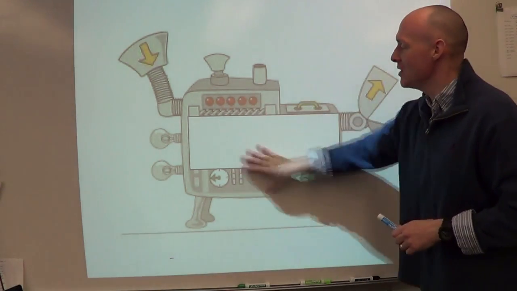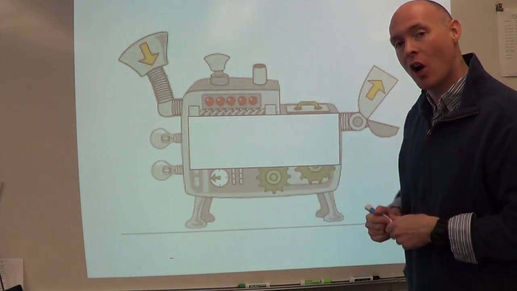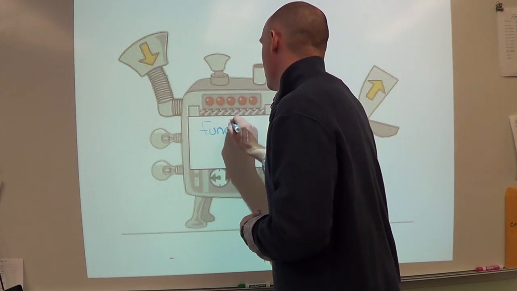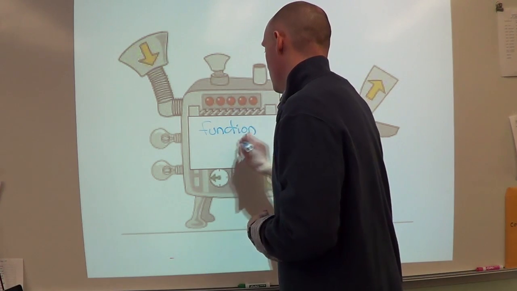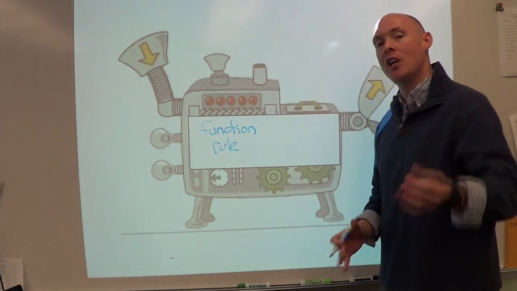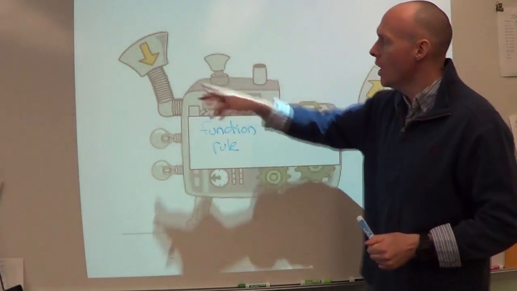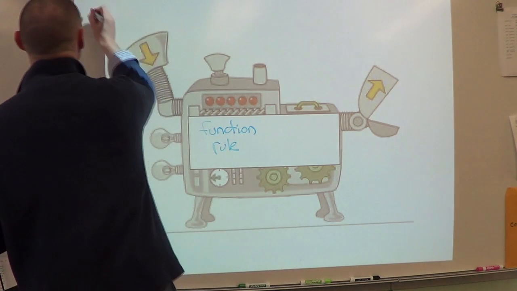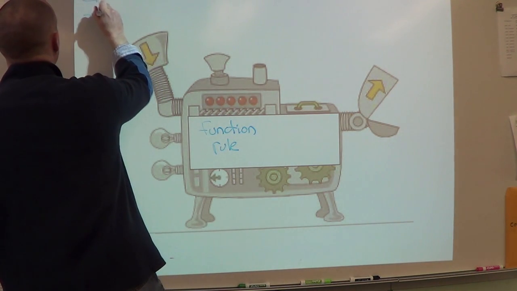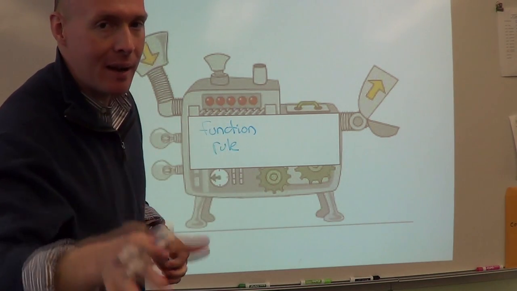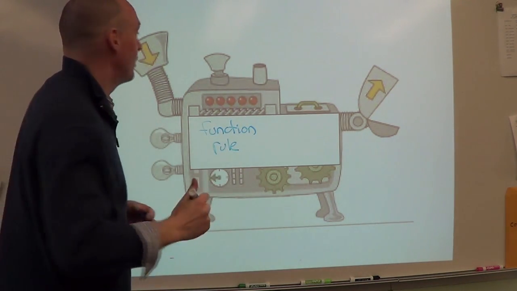So here we have the main part of the machine. This is what I'm going to call my function rule. This is where all the changes occur. Up here, this is what I'm going to call my input. I'm also going to give it another name called the independent variable.